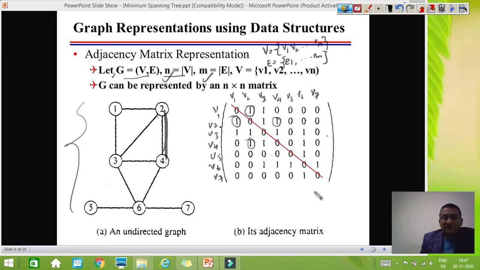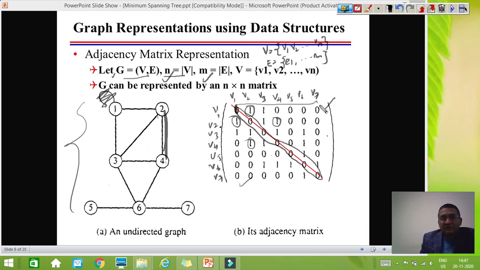So if you look at this entire matrix, we have two parts. This is called the upper triangle, this is the lower triangle, and then this is the diagonal, and the diagonal entries are 0 because we don't have any loop here. If I make any self loop here, then we would have a path from v1 to v1, and we would have put the value 1 here. But because we don't have any self loop here, the diagonals will be kept 0.